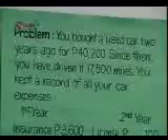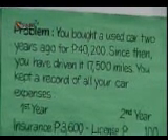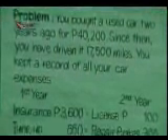Sheo, would you read the problem aloud, please? You bought a used car 2 years ago for 40,200 pesos. Since then, you have driven it 17,500 miles. You kept a record of all your car expenses.